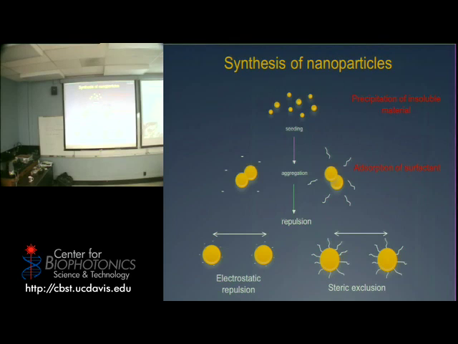When you reach a critical radius, these clusters grown from the seeds are not able to aggregate anymore, because either they're repelled electrostatically, in this case negative, but it could be positive, or because the absorbed molecules create a steric exclusion. They would like to stay together, but they can't because something blocks them.